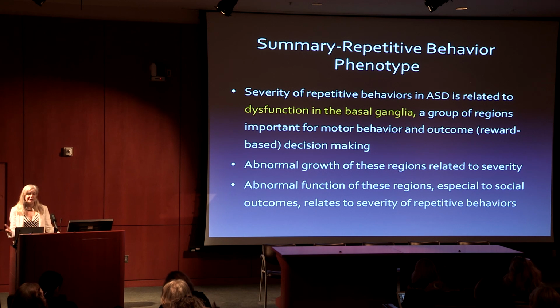So to summarize just this part of the talk, the severity of repetitive behaviors in ASD is related to dysfunction in the structure of the basal ganglia, which is a collection of regions that are important for complex motor behaviors and outcomes or reward-based or decision-making.